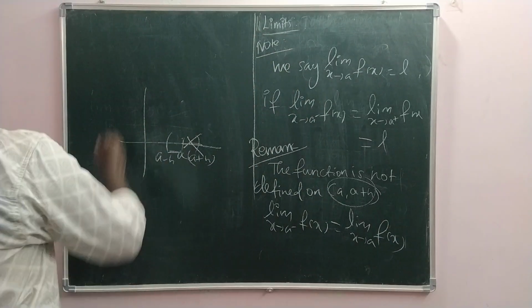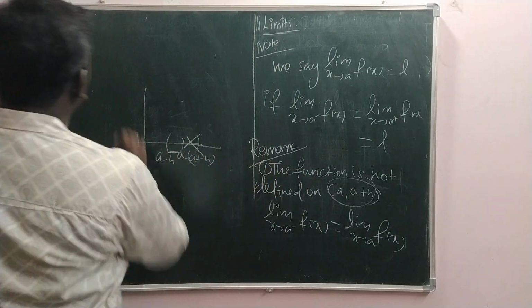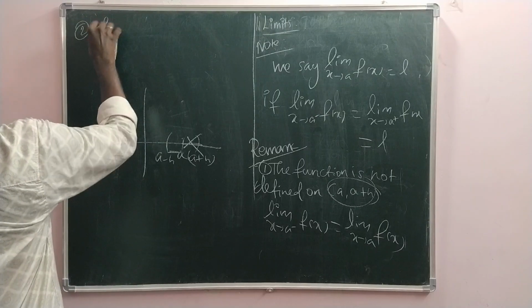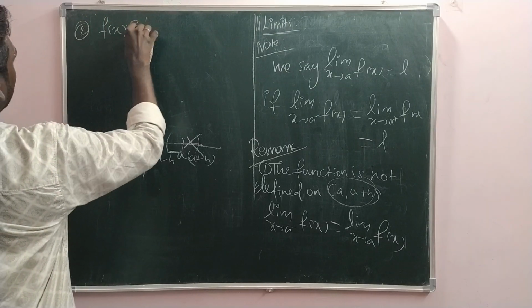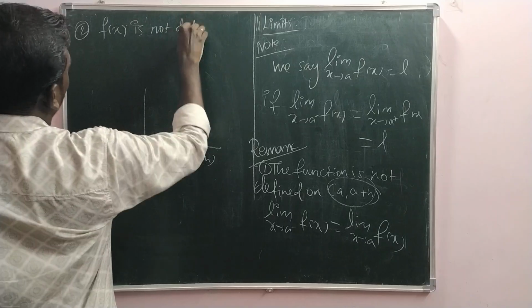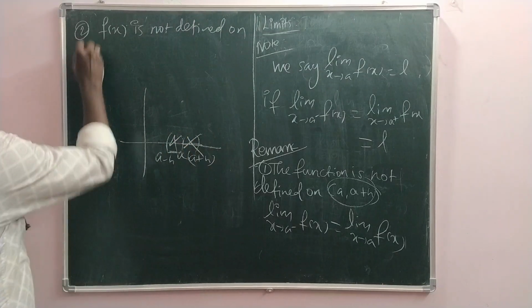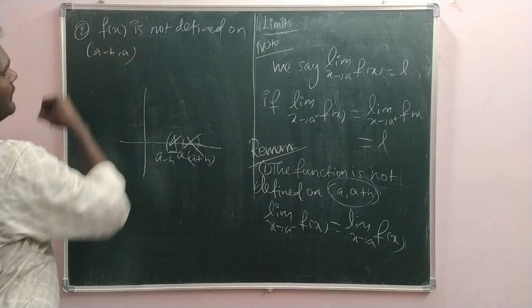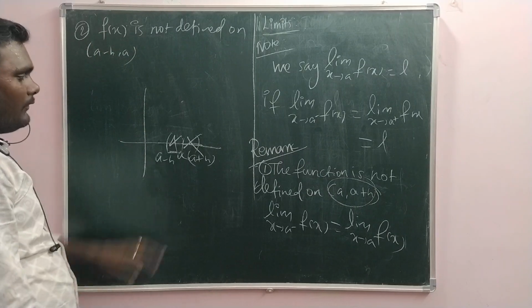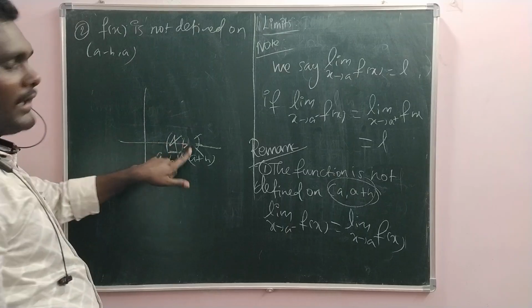Suppose the function is not defined on this interval, a minus h comma a. Then we don't need to care about this value; only the right limit exists.